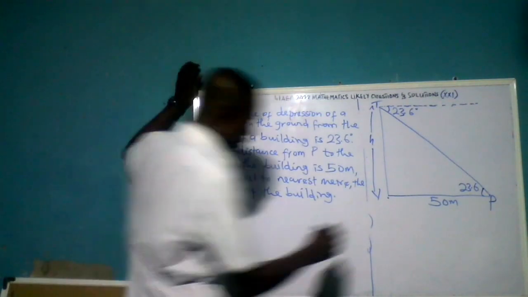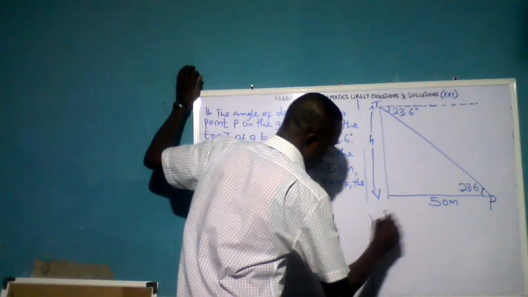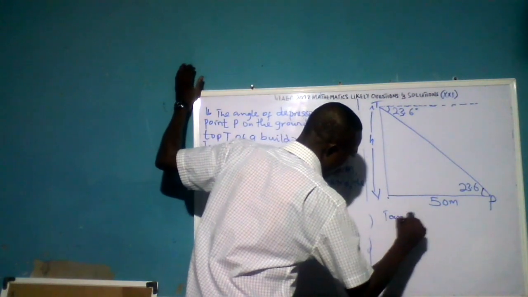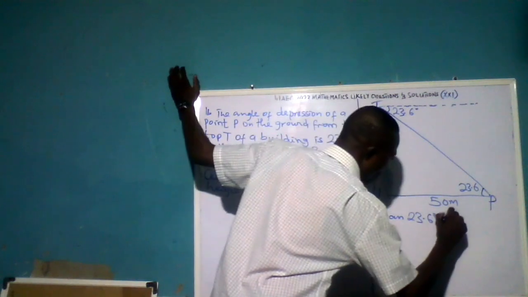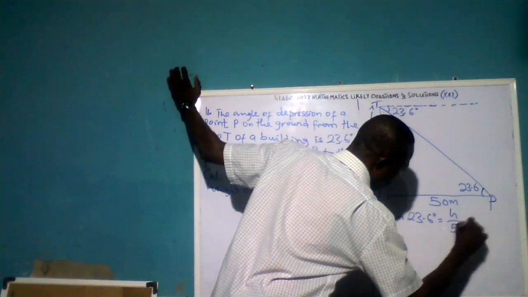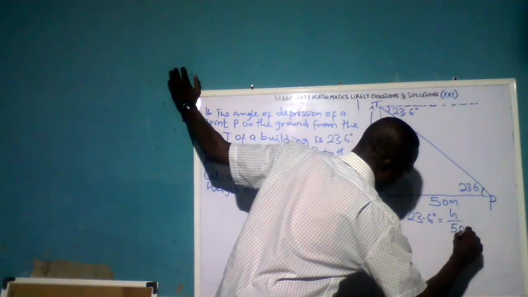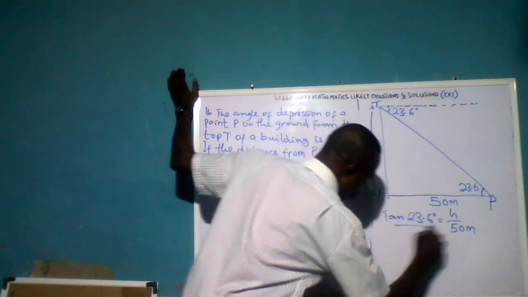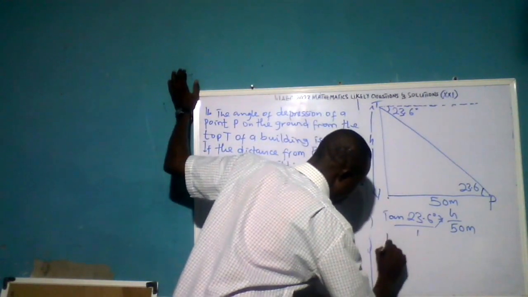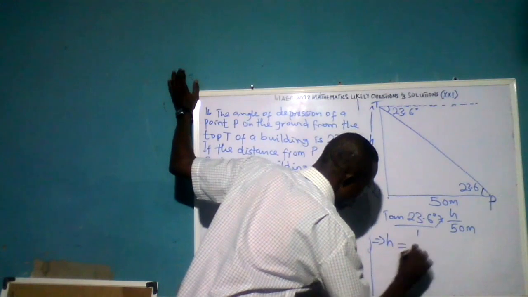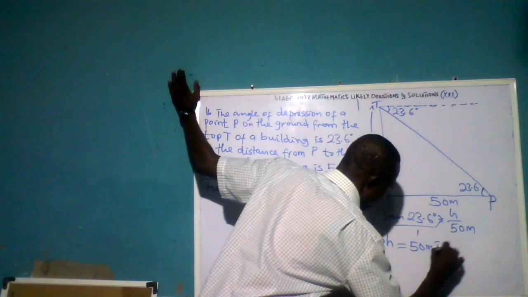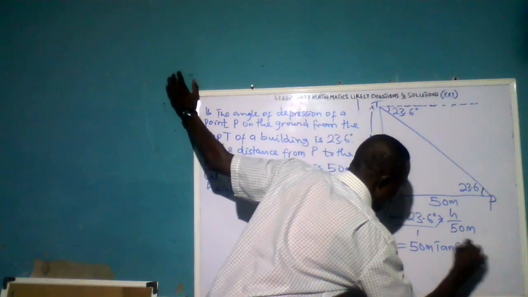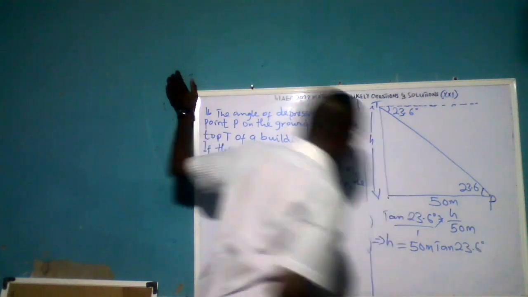Okay, so let's do that. Tan 23.6 degrees is equal to opposite, which is h, over adjacent, which is 50 meters. If you do cross multiplication, straight away you have your h. This implies that h is equal to 50 meters times tan 23.6 degrees.